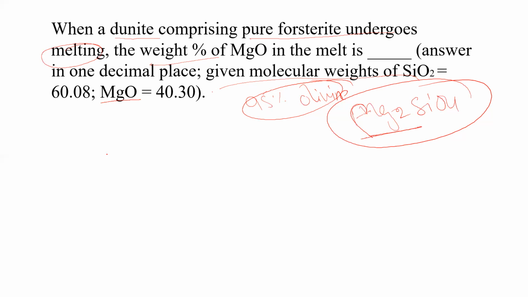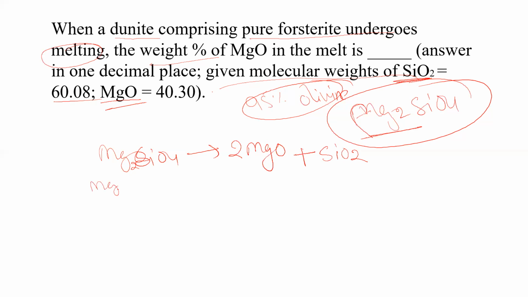So what we have to do is break the forsterite Mg2SiO4 into these components only. So here what does it mean? MgO, that means Mg2, we will write 2MgO plus SiO2. Look here, how many Mg are here? 2. How many Si? 1. How many oxygen? 4.